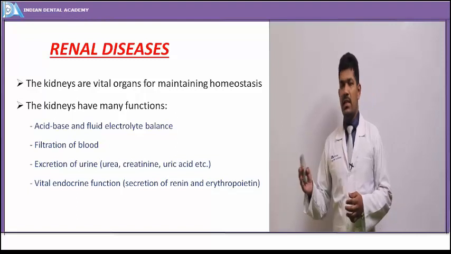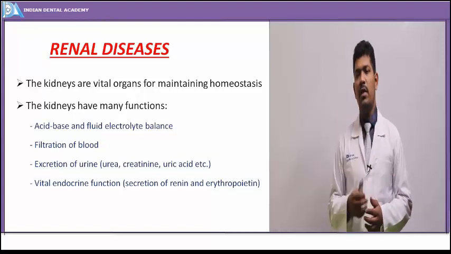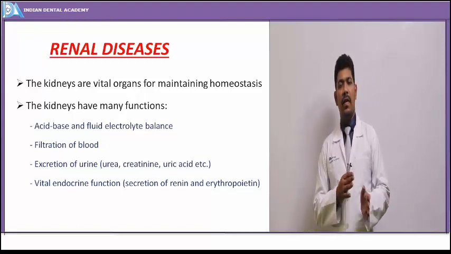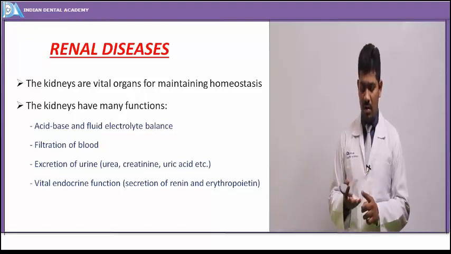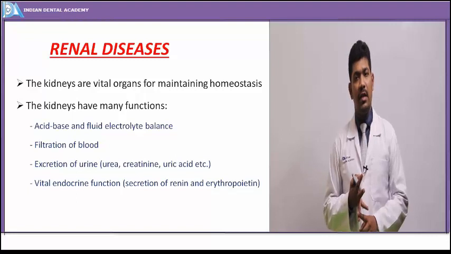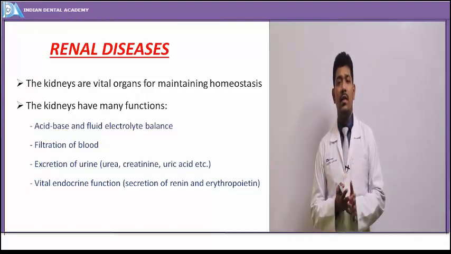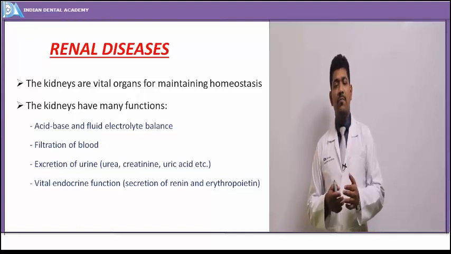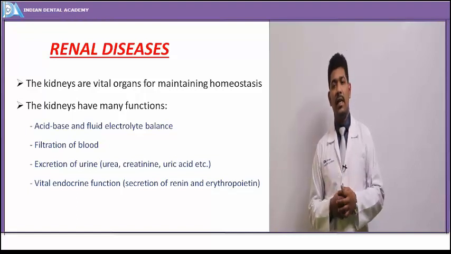So moving on to the next system, that is your renal system. The importance of the renal system lies in the fact that kidneys play a variety of roles, starting from their endocrine function, blood related function, hemopoietic system, homeostasis, the basic acid-base balance or electrolyte balance, and filtration of blood. It has a variety of functions wherein it affects the overall general health.